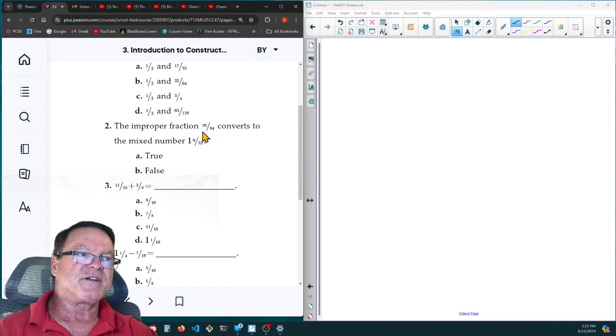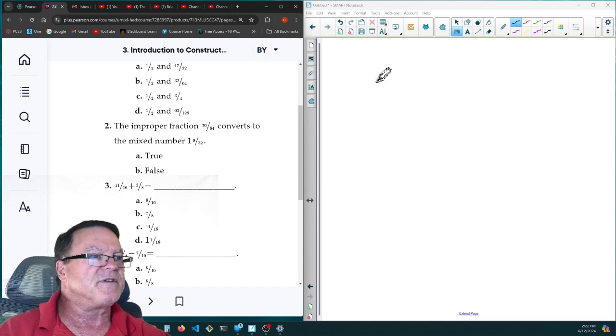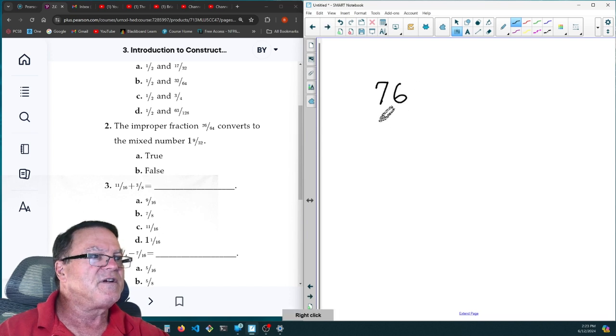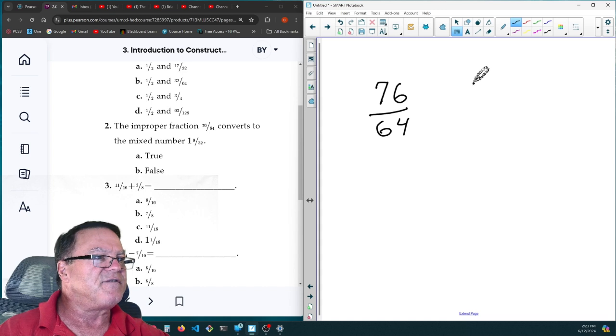The improper fraction 76/64 converts to the mixed number 1 and 9/32. Well, let's see. If we took 64 from 76, let's do this here. We have 76 over 64. So 76 minus 64 is 12/64.